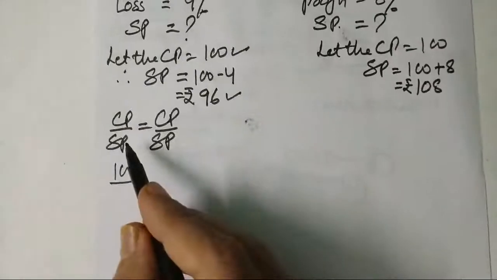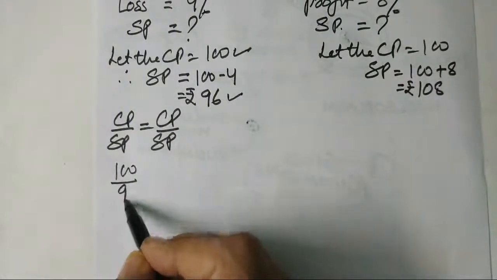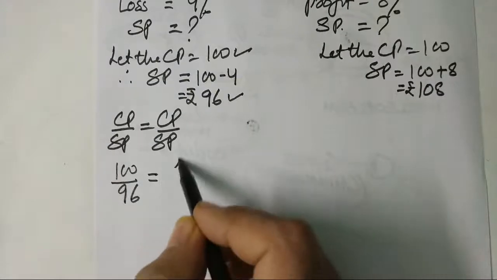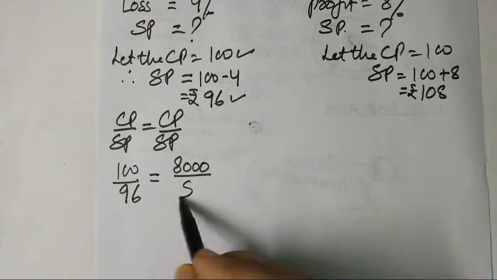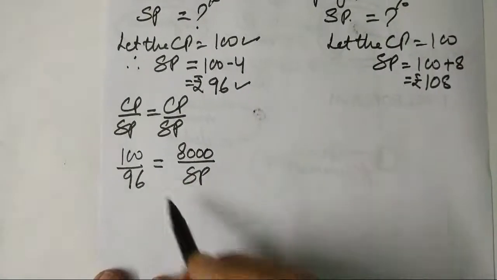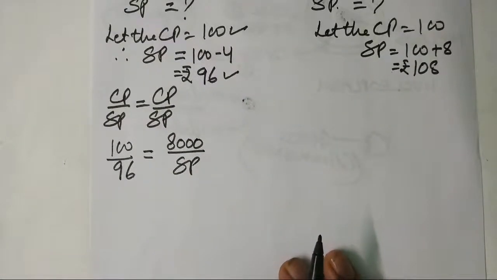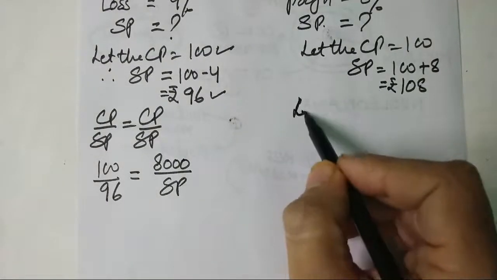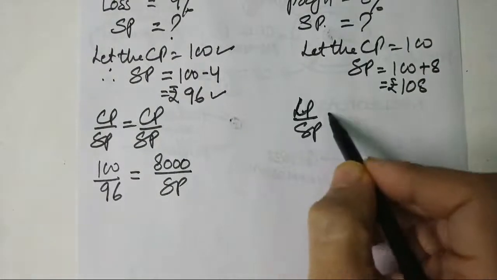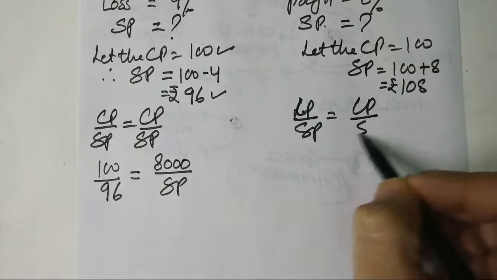CP is 100, selling price is 96, then the CP is 8,000 and the selling price is not given. So you will cross multiply to get the answer. In the second case also you will do CP upon SP is equal to CP upon SP.